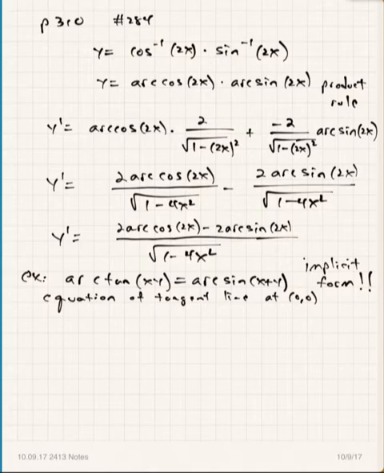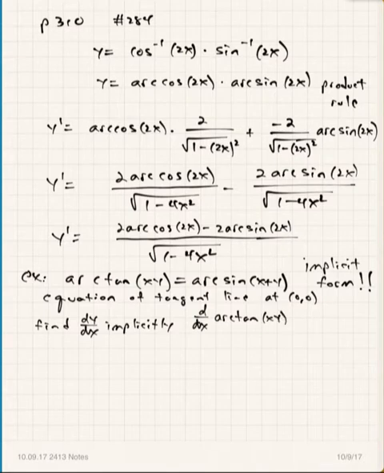So what are we going to do here? We're going to find dy dx, or y prime, implicitly. So we take the derivative of both sides of this equation with respect to x. So the derivative of arctan of xy equals the derivative with respect to x of arcsine of x plus y.